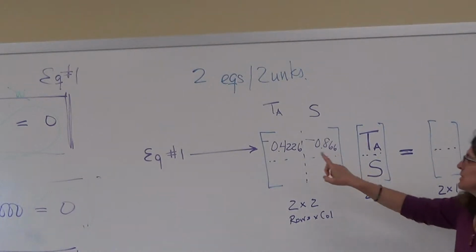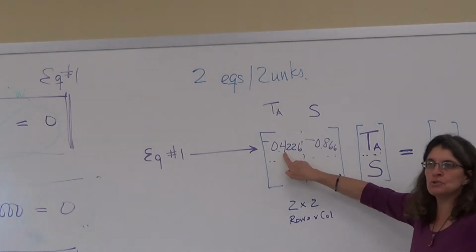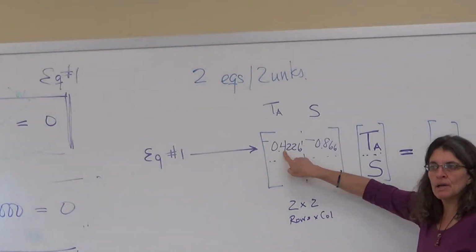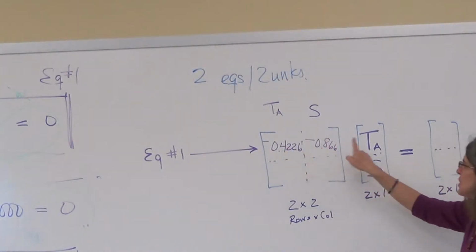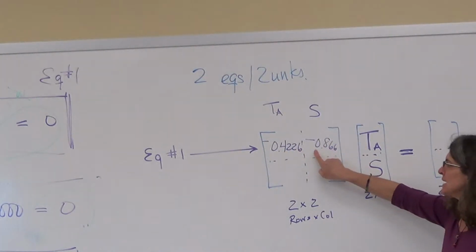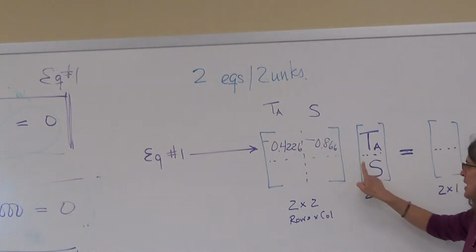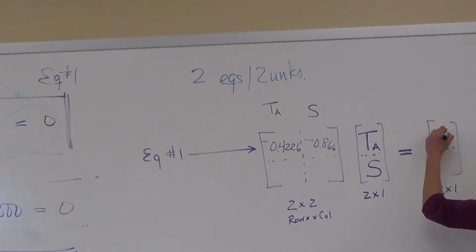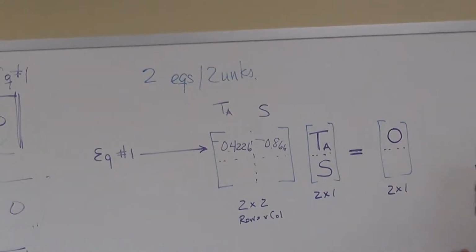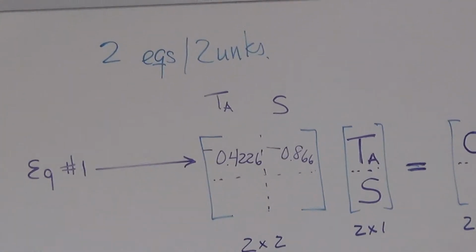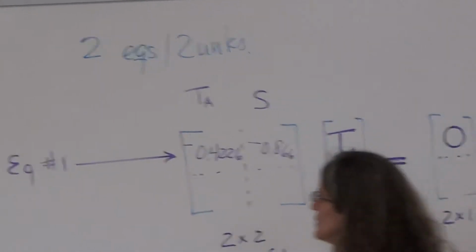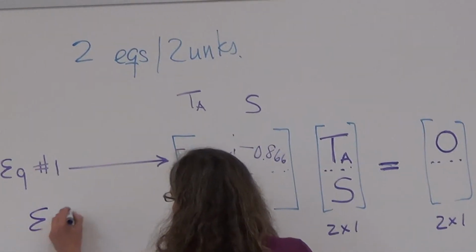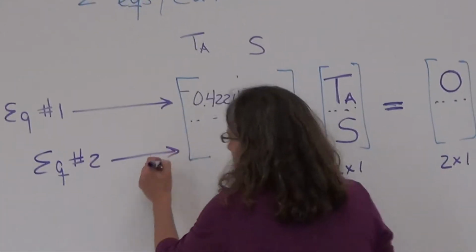So watch how I'm doing this. Negative 0.4226, look up here. Negative 0.4226 times TA plus negative 0.866 times S is equal to, what does that equation tell me it's equal to? 0. So now fill in what the second row would be, which is equation number 2.